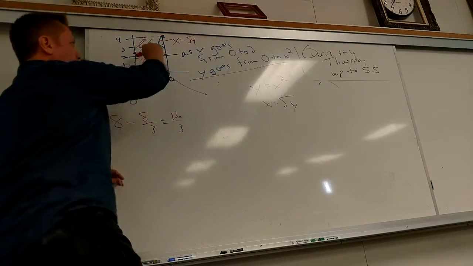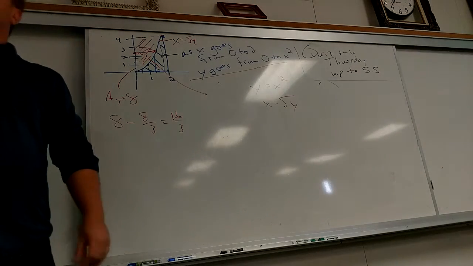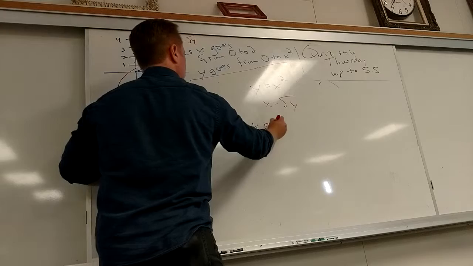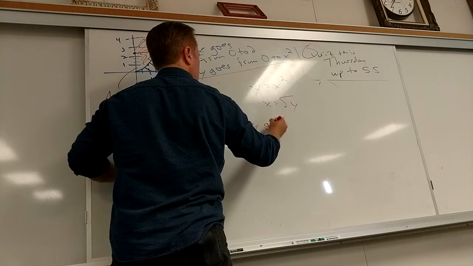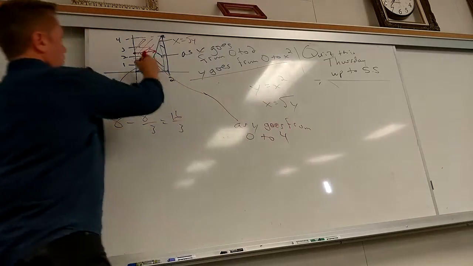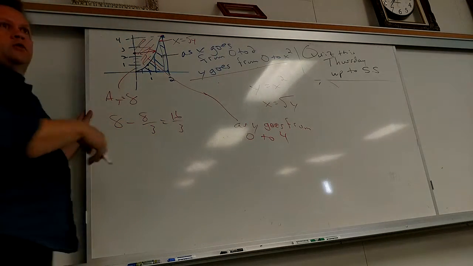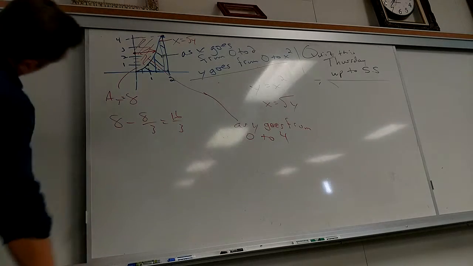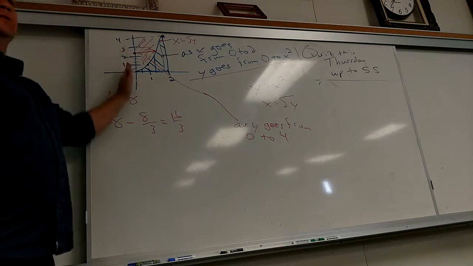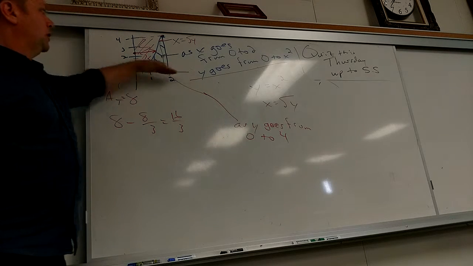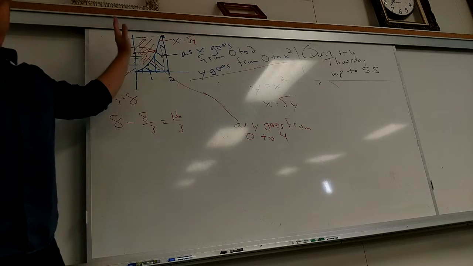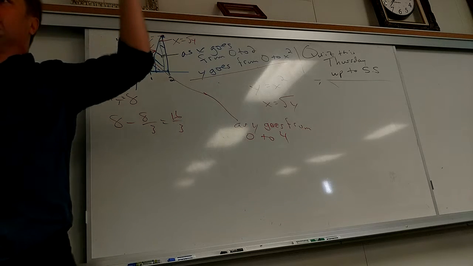So the red region, a way to describe that is as y goes from 0 to 4. So now this is my floor. So x used to go between numbers and y went up to the function. Now I'm realizing that x and y are completely arbitrary.